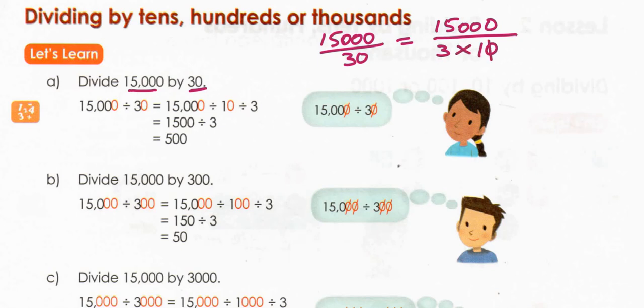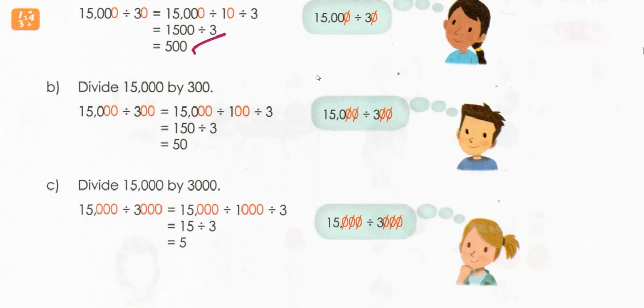So this 0 gets cancelled. So 1500 by 3. 3 ones are 3, 3 fives are 15. The remaining 2 zeros, you copy 2 zeros. It becomes 500. Answer is your 500.